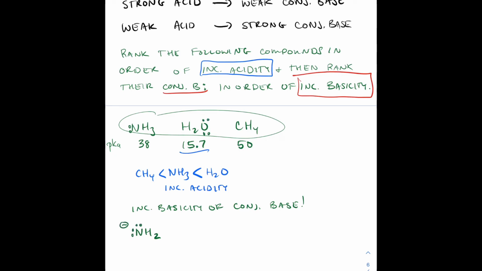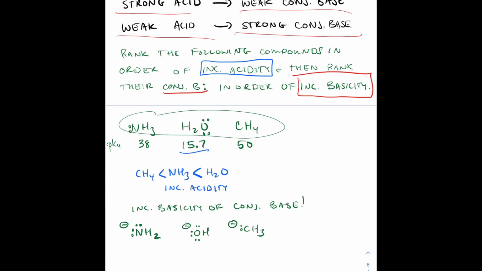But also realize that the trend is opposite. The trend for increasing acidity of the acids is going to be the opposite trend for increasing basicity of the conjugate bases. So what I mean by that is, if we draw out amide, hydroxide, and this methide, CH3 minus, those are all the conjugate bases of the acids given, right?